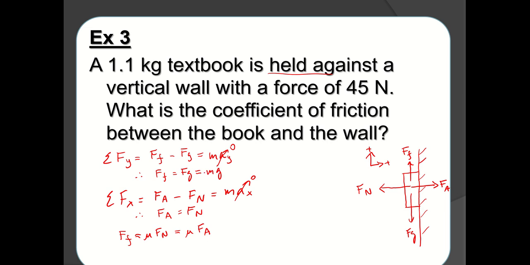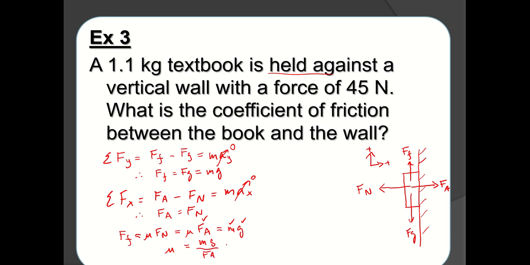We can take this part here, Fg equals mg, and equate it down here. I wanted to put everything together first before I solve for mu. So now we know our Fa, our m, and our g. The only unknown is the mu. So let's solve for mu. It's going to be mg over Fa.